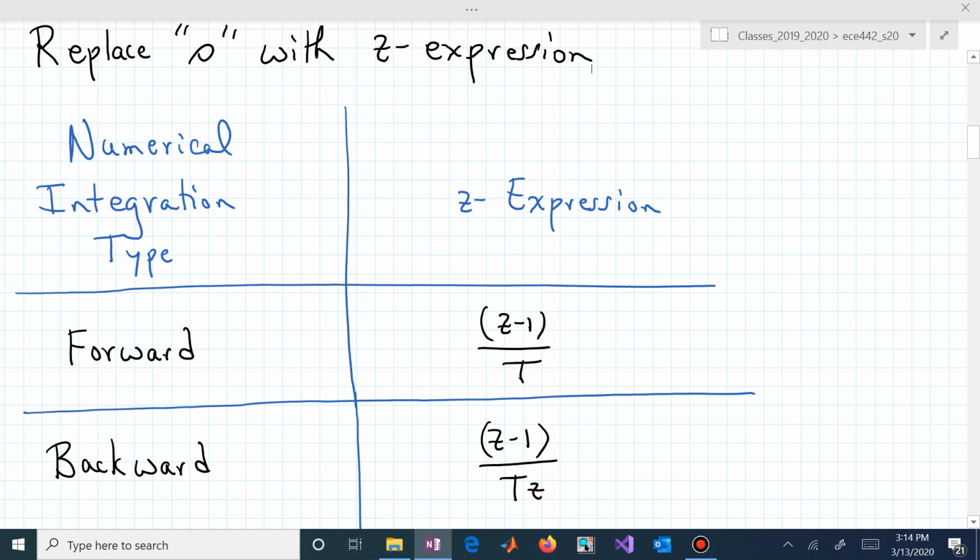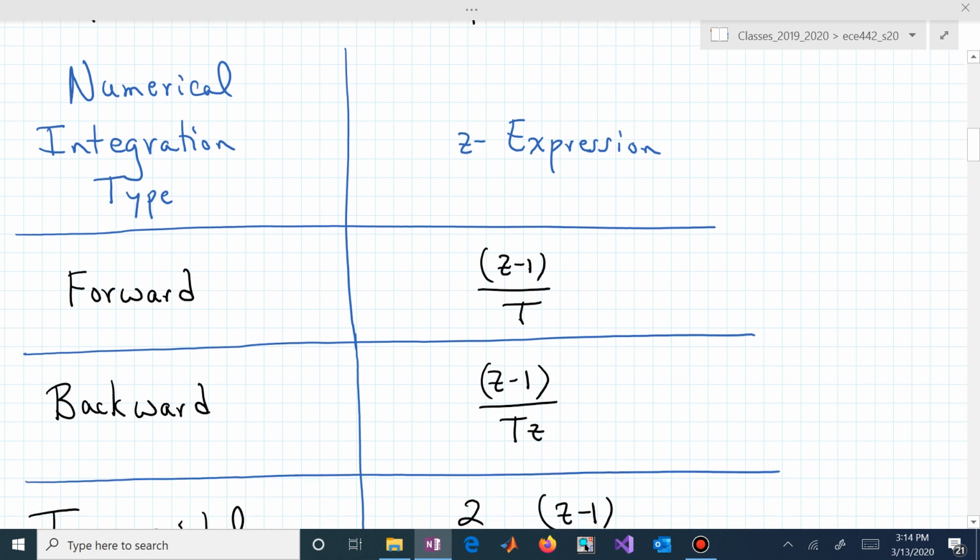Meaning, if somebody said, I want you to obtain a discrete equivalent using a numerical integration strategy using the backward technique, then everywhere you would see an s in capital H of s, you would replace that s with this expression, quantity z minus 1 over Tz.